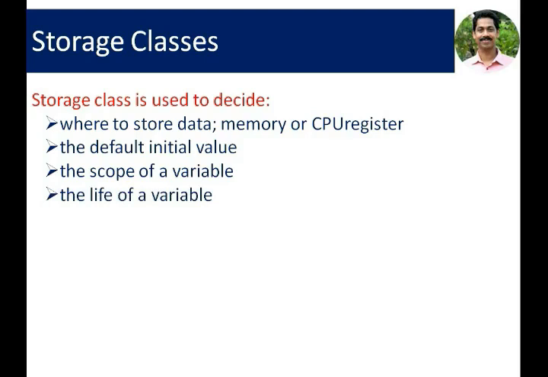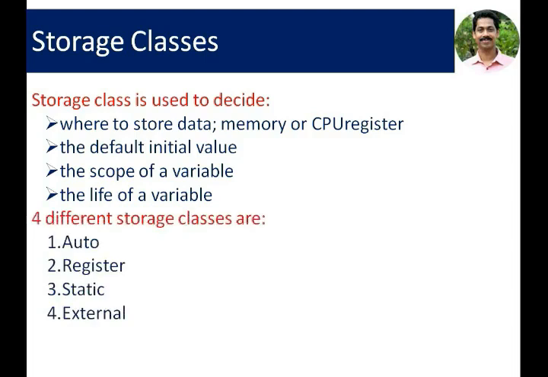When the variable is destroyed is what is meant by the life of a variable. Some variables are destroyed at the end of the program. Some are destroyed at the end of a compound statement. Depending on its declaration, the life is decided by the compiler. The scope is also decided by the compiler. So all these can be decided by using the storage class also.